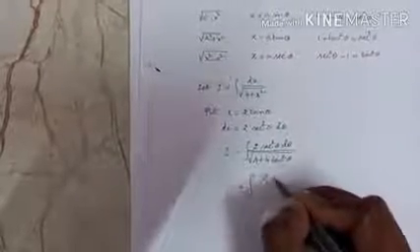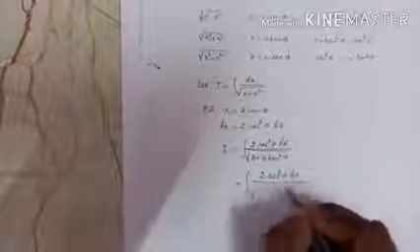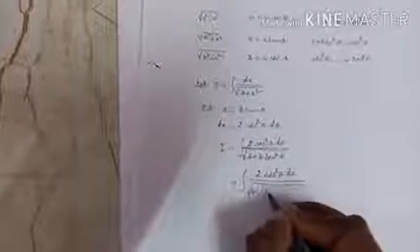I have substituted the value of x and dx. Now let us simplify this. Take 4 common, it becomes 1 plus tan square theta.